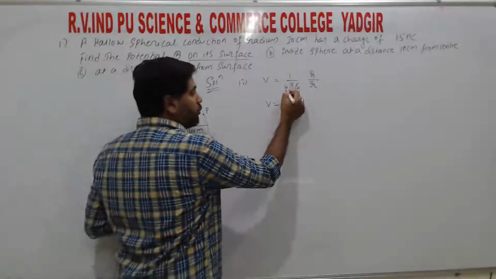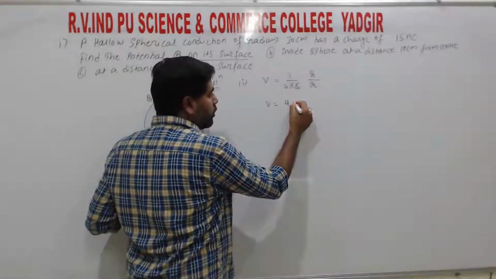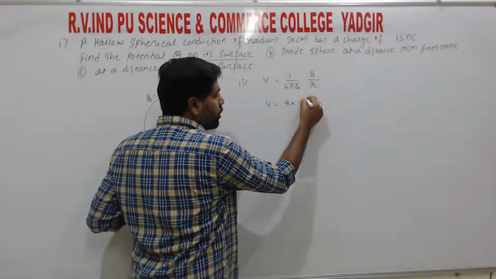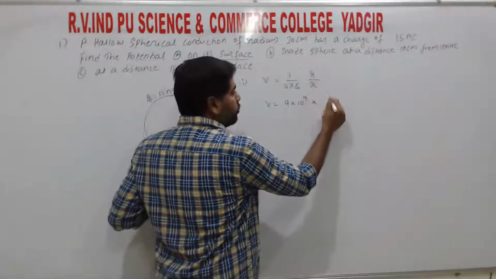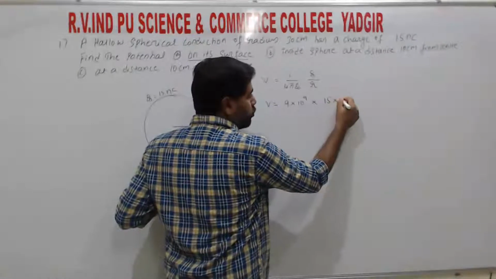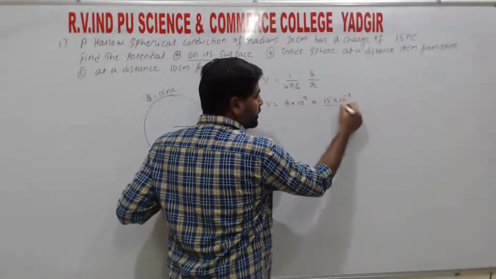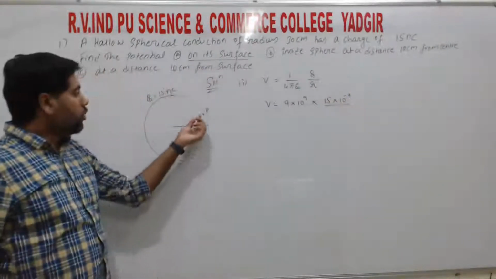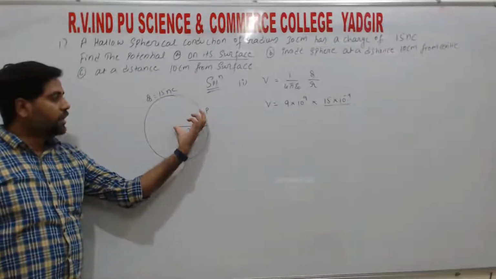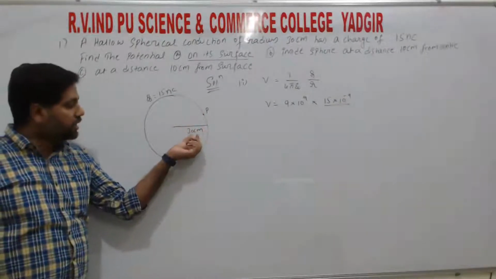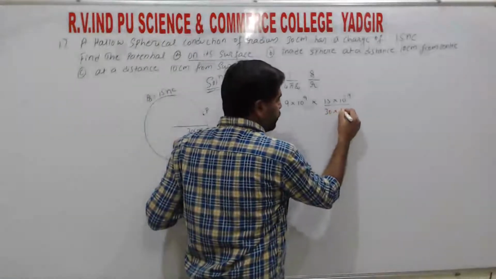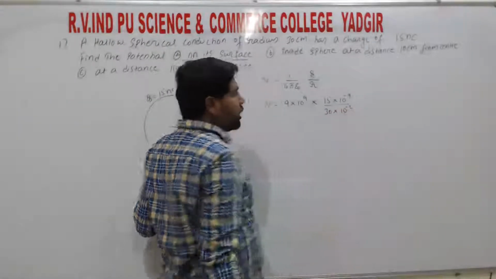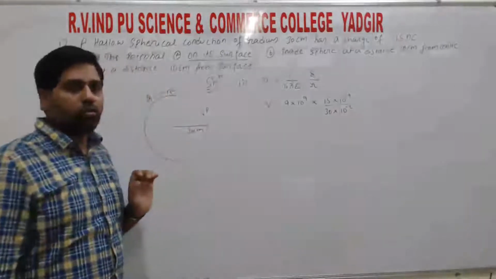The value of 1 by 4 pi epsilon naught is 9 into 10 to the power of 9, into Q, 15 into 10 to the power of minus 9, divided by the distance. On the surface of the sphere the distance is the radius, 30 centimeter, which we convert into meter: 30 into 10 to the power of minus 2.